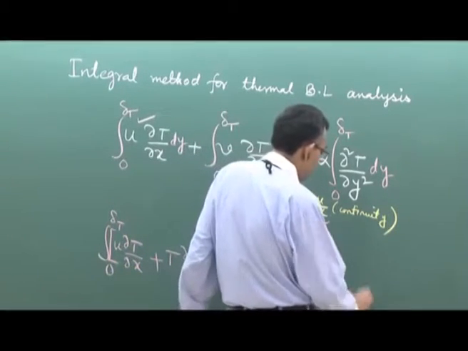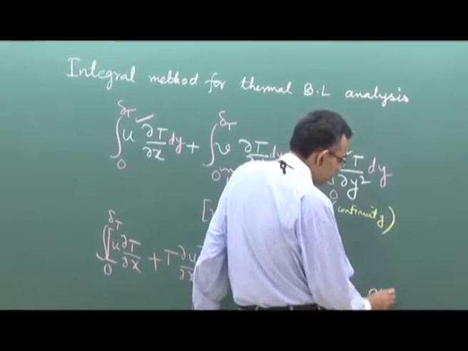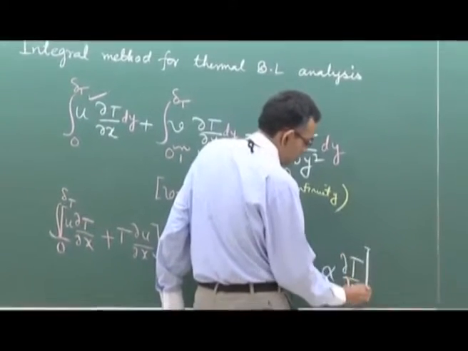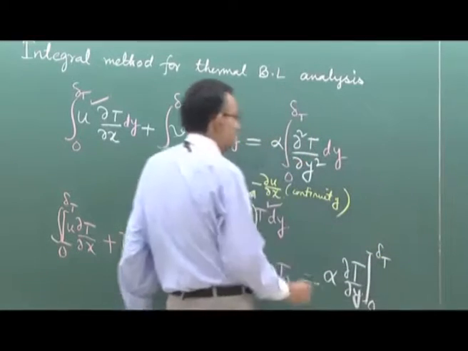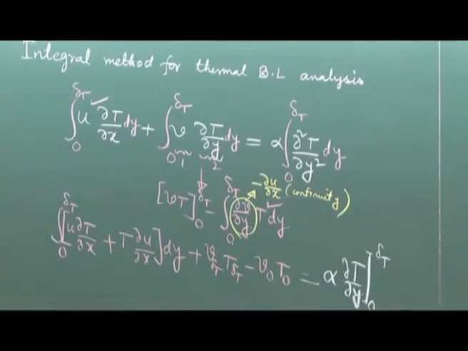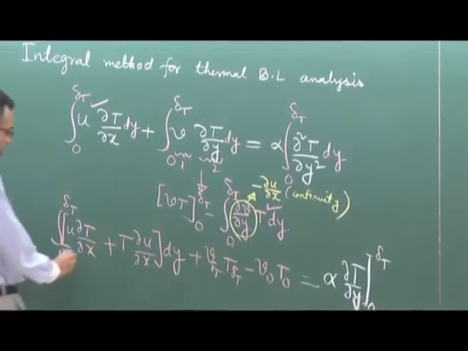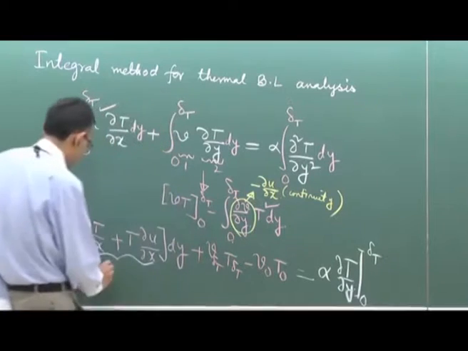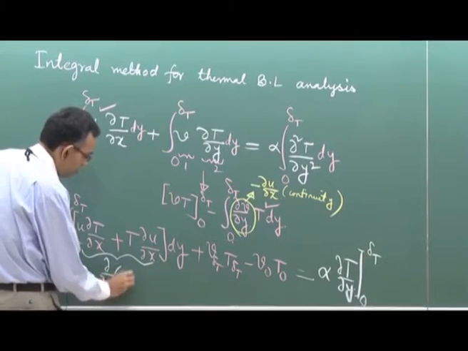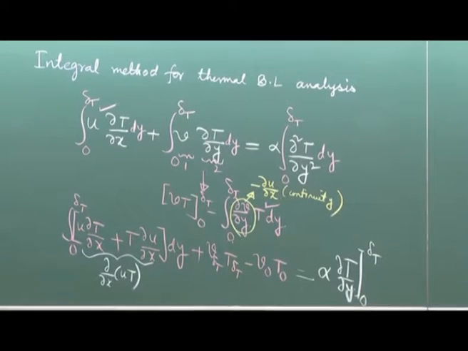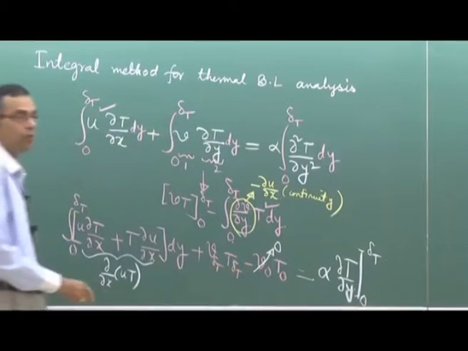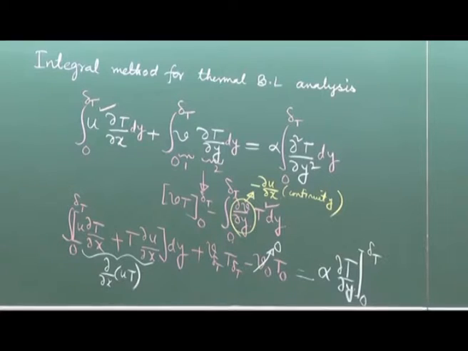This is equal to the right hand side. Now these two terms together become del del x of u into T. This term is 0 because v at 0 is 0, the no penetration boundary condition at y equal to 0.